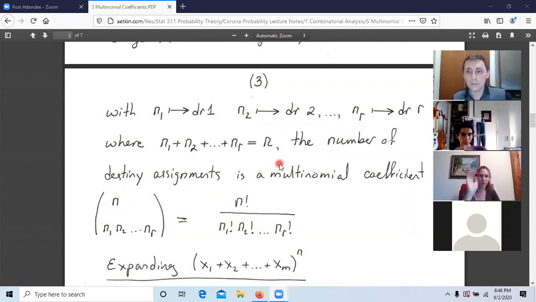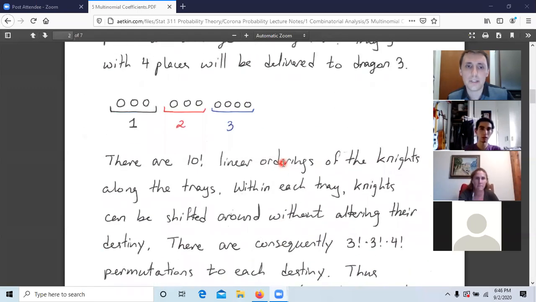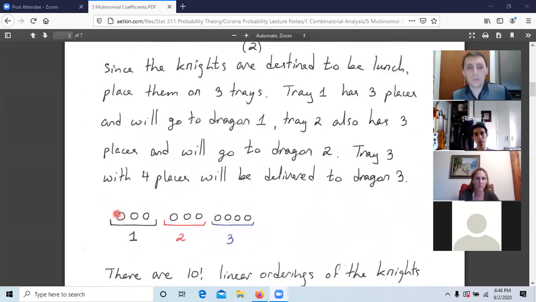I have a question. Go ahead, Naomi. I just kind of looked at it the same way we did with those pawn problems from the first day of class. Is it the same thing? It's very similar. The only difference is here I can distinguish each of those objects, so I don't want to confuse it.